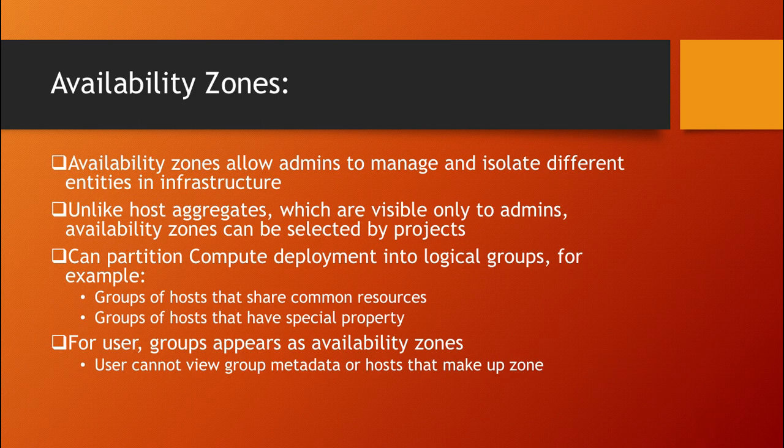Unlike host aggregates, availability zones are visible to the customers so that they can use availability zones to deploy their infrastructure, and this can partition compute deployments into logical groups, like a group of hosts that share a common resource or a group of hosts that have a special property.